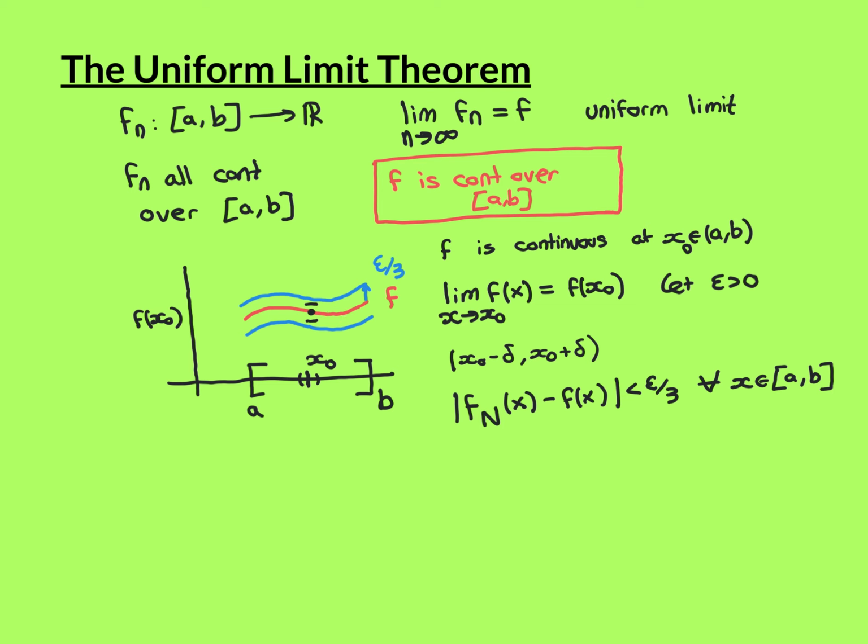Writing this out in symbols, if you take the modulus of fn of x minus the limit f of x, it's always going to be less than epsilon over 3 for all x in the domain, so any x over that interval ab. All that's saying is that over this entire domain, the function is less than epsilon over 3 away from the limit at any point, which means it's inside that tight blue tube.